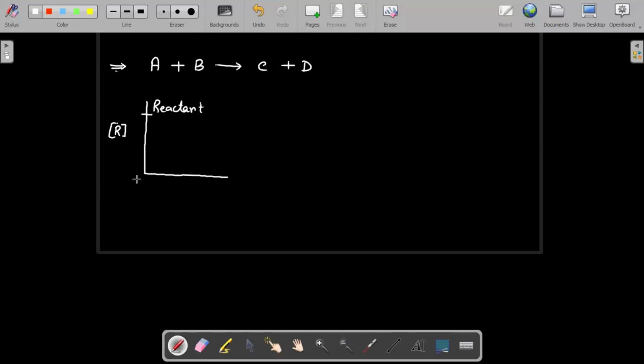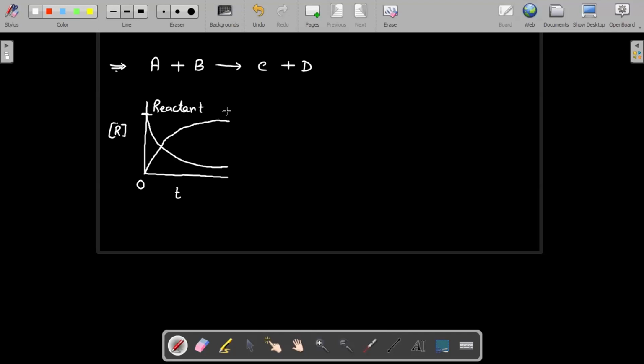At time equal to 0, I will be having some initial concentration. With time, it will go slowly and gradually down. At the initial time, the product's concentration will be 0. And with the progress of time, the concentration of the product will increase. So here we are getting two graphs on the same system.